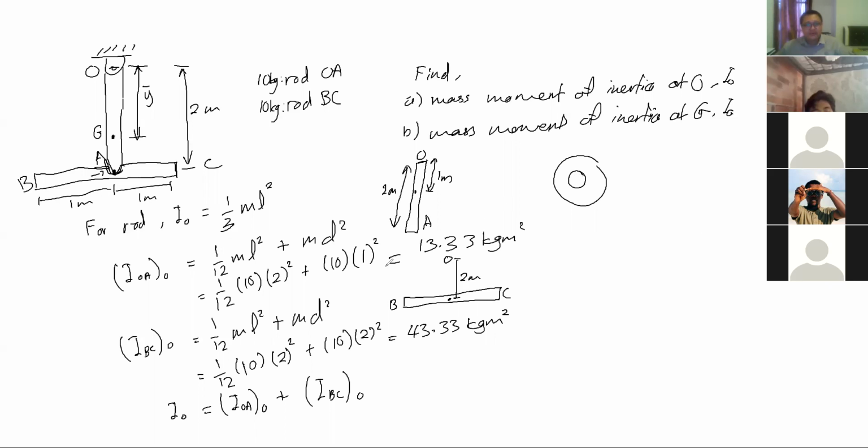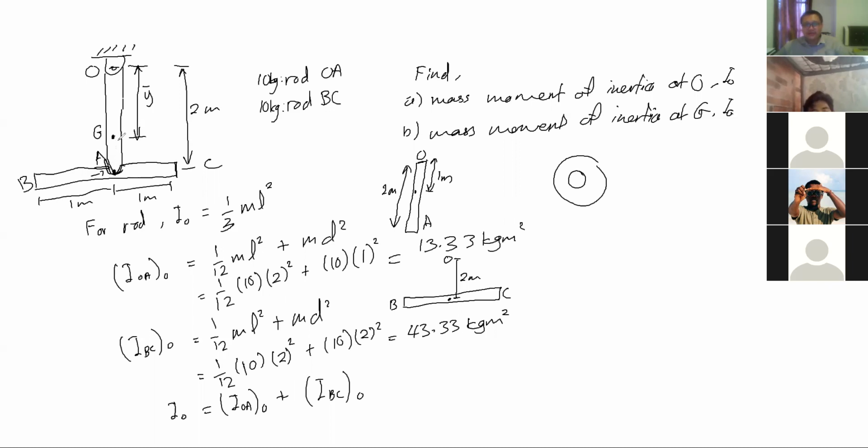But now I put it plus because we analyze this object and it is attached together. So that's the difference.